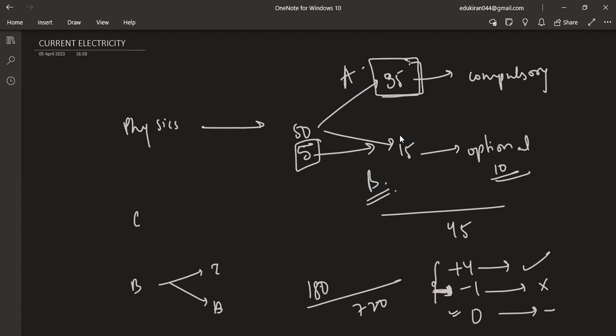So choose the portion smartly, whichever questions you have to attempt, because otherwise if you attempt it negatively, let's say you're getting 20 marks.